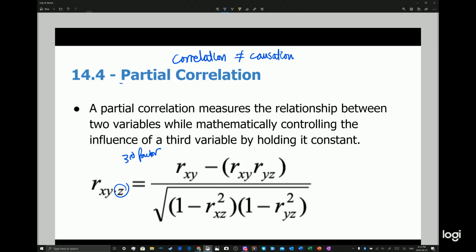So partial correlation is a way to measure the relationship between two variables while controlling with math, as the point says here, the influence of a third variable by holding it constant. So let's say, for example, our number of churches and crime rate.